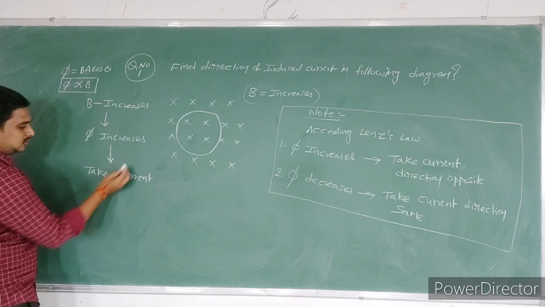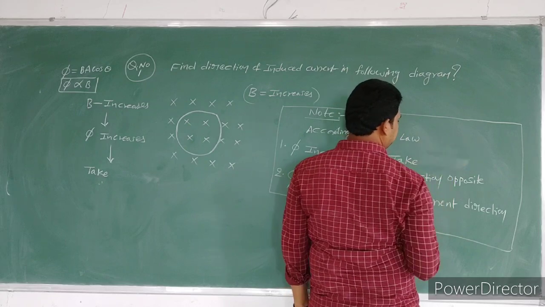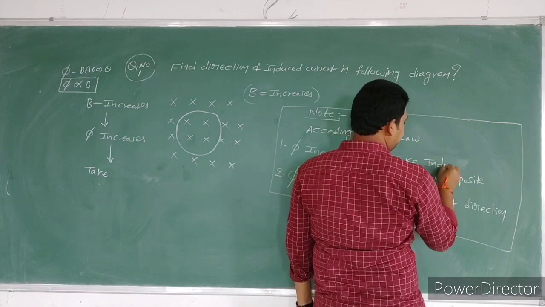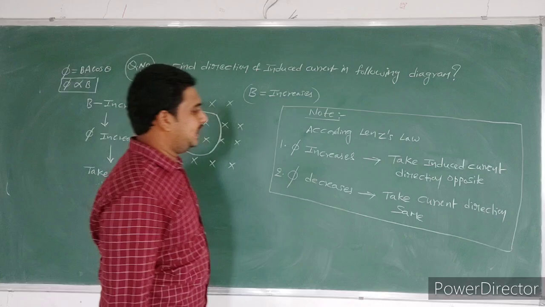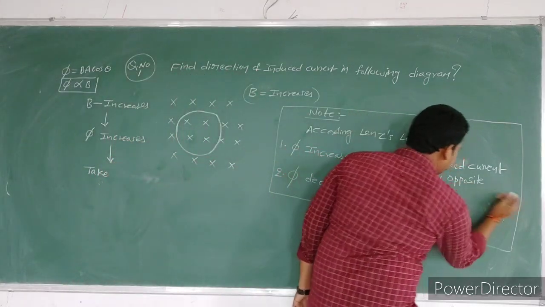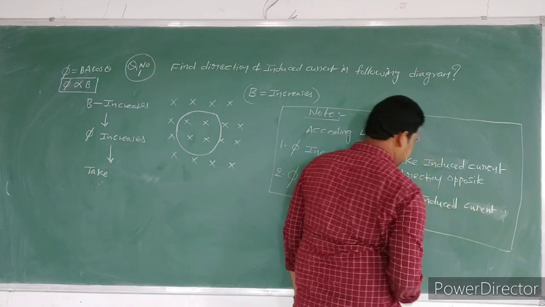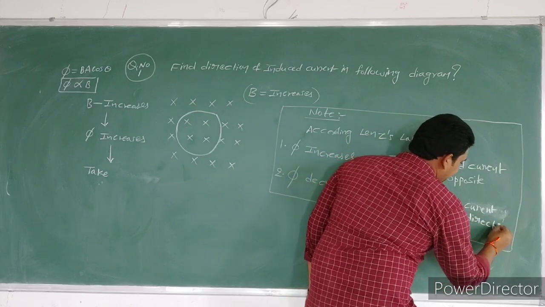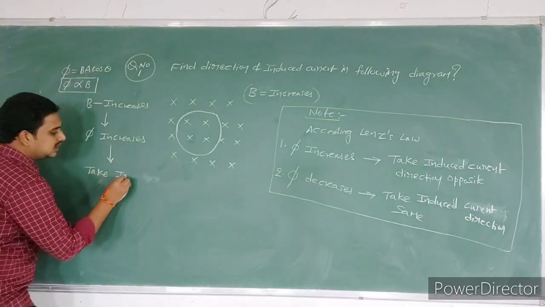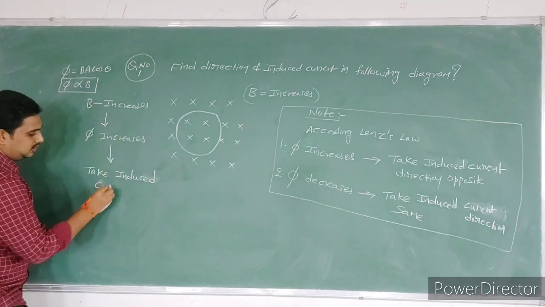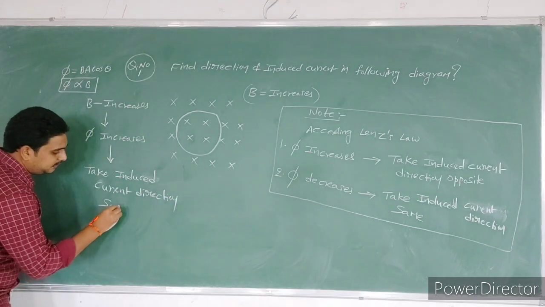Here current means induced current. Take the induced current direction opposite when flux increases, and take the induced current direction same when flux decreases.